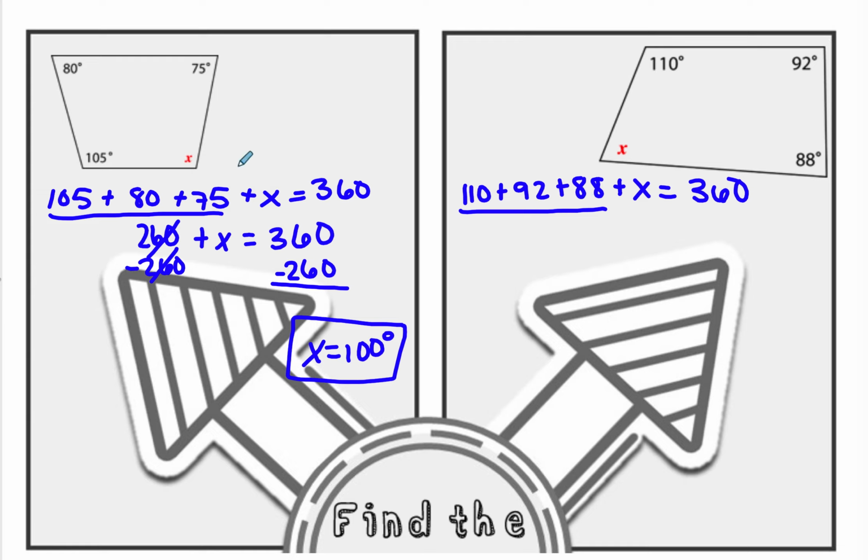And that's going to give me 290 plus x equals 360. It's always going to equal 360 as long as there's 4 angles and 4 sides. So now we are going to subtract 290 from both sides. All right, and then when I do that, I get x equals 70. And again, that'll be degrees.